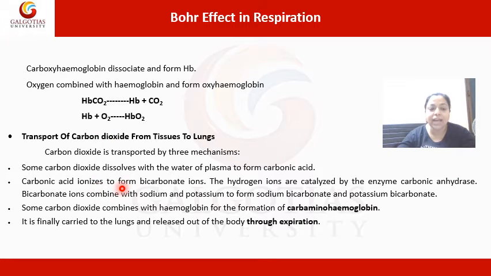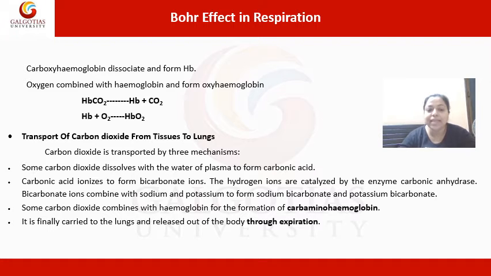Carbonic acid ionizes to form the bicarbonate ions. The hydrogen ions are catalyzed by the enzyme carbonic anhydrase. Bicarbonate ions combine with sodium and potassium to form sodium bicarbonate and potassium bicarbonate. Okay, so what we see here is that some carbon dioxide dissolves with the water of the plasma to form the carbonic acid.